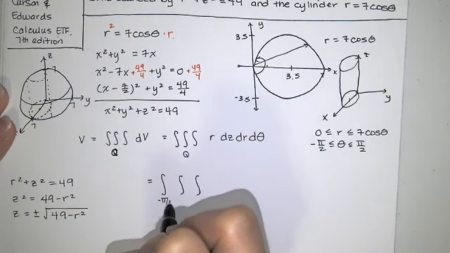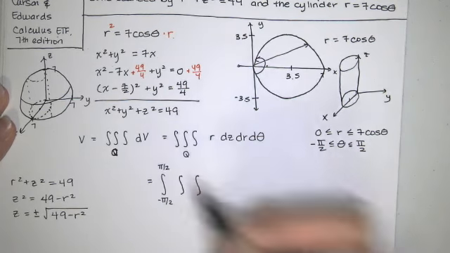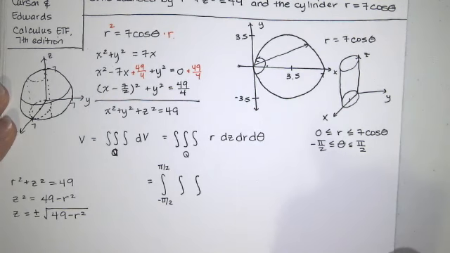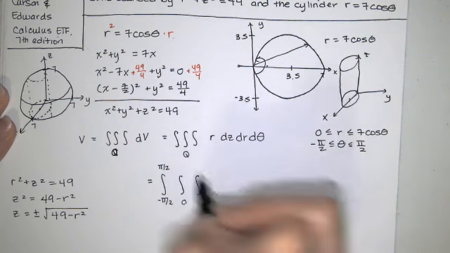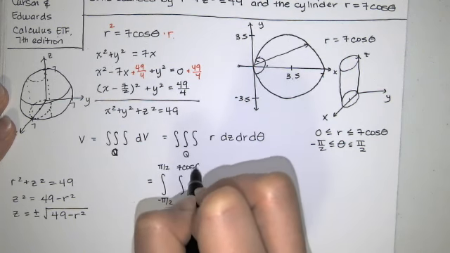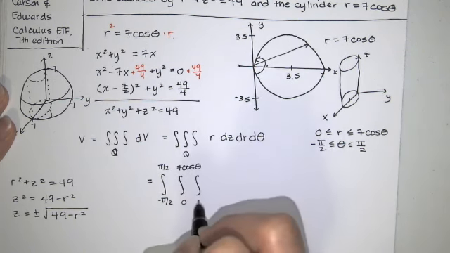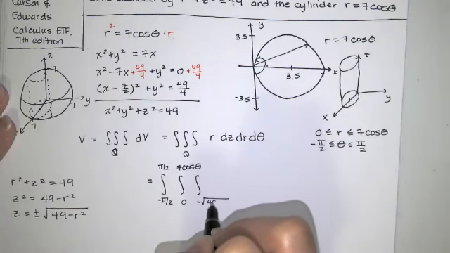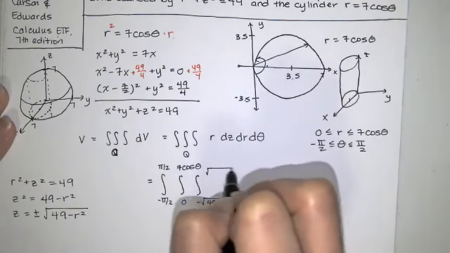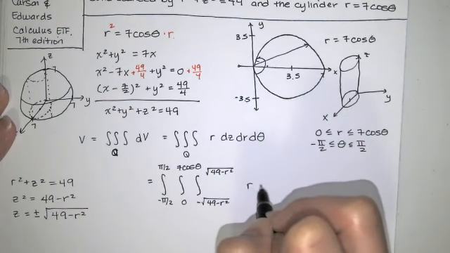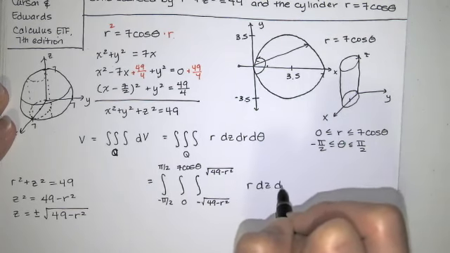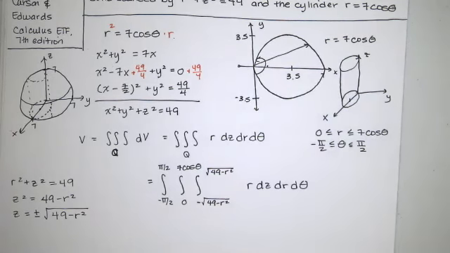We have the integral from negative pi over 2 to pi over 2 of the integral from 0 to 7 cosine of theta of the integral from negative square root of 49 minus r squared to the positive square root of 49 minus r squared. And we are integrating with respect to z first, then r, and then theta.